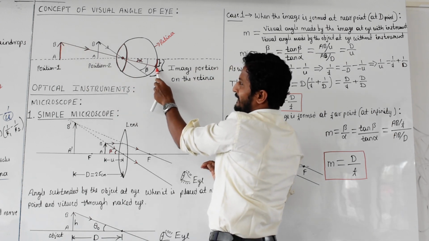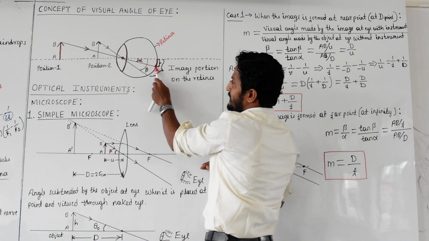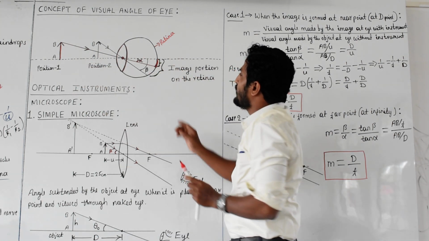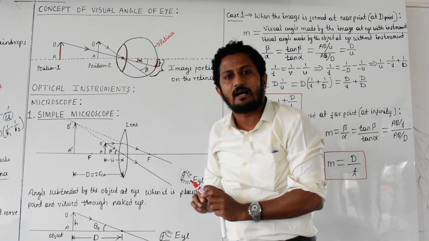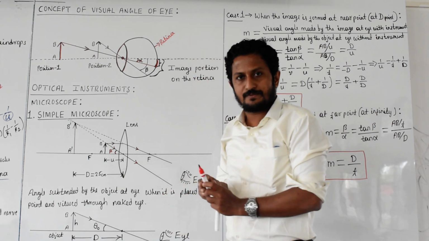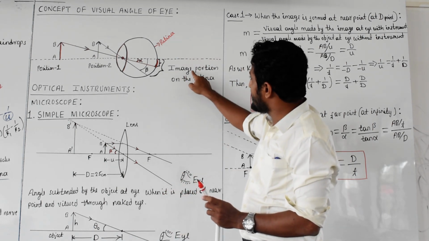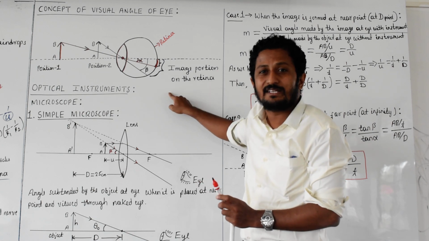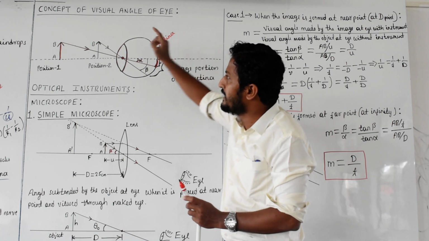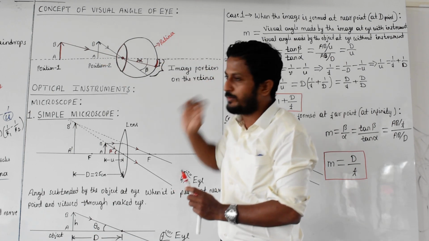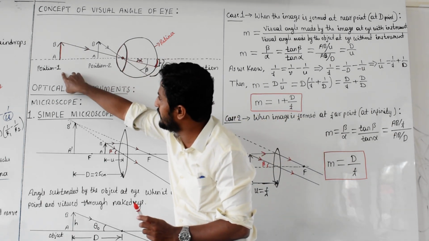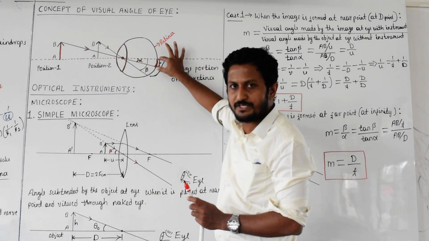Then between this portion, the image of the object AB is going to form on the retina. I named this the image portion on the retina. For this position, the image portion is this much.